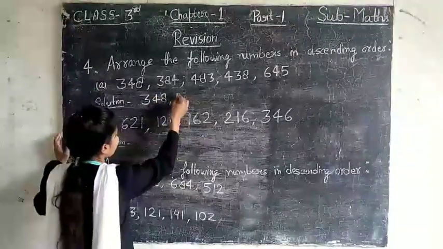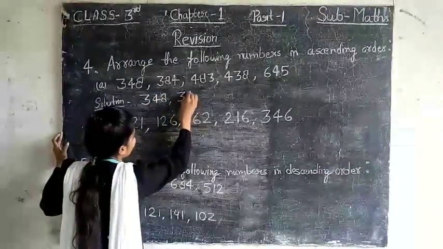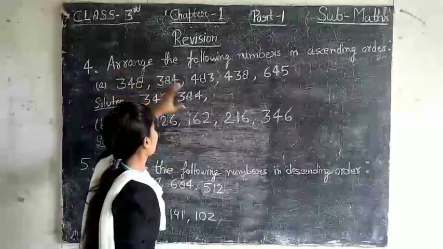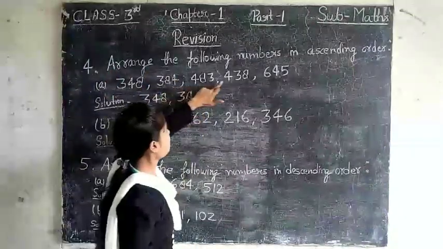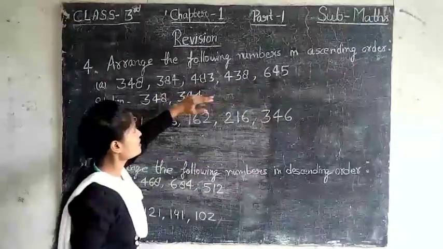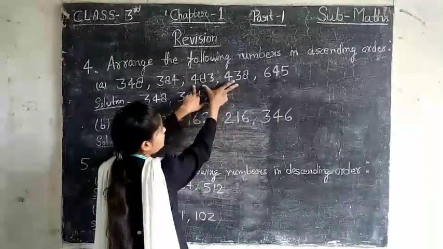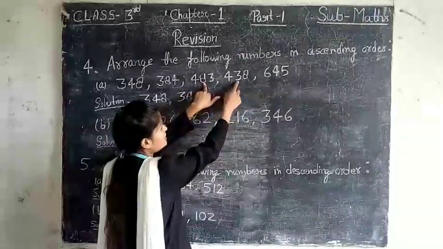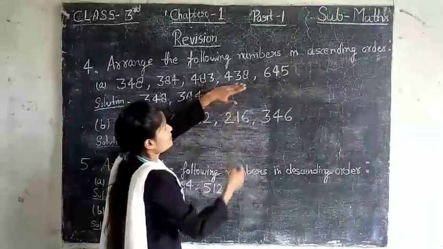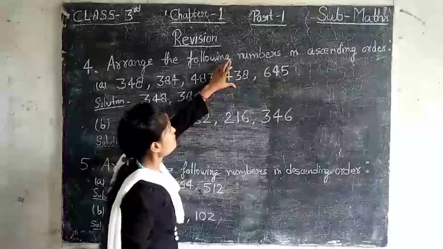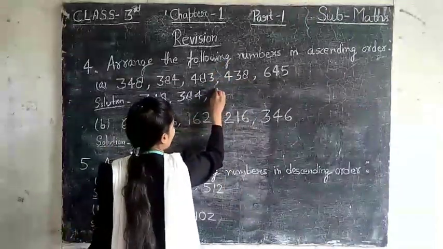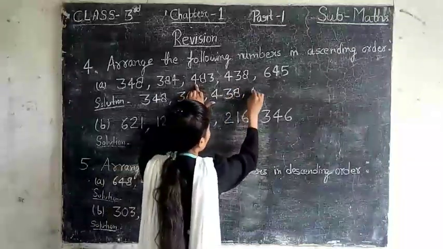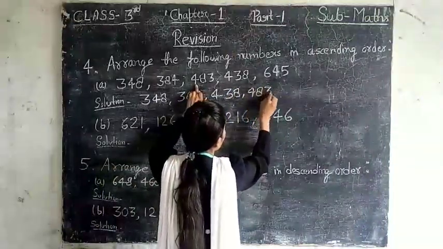Now the next number is 384. Next, among the numbers starting with 4, 4 and 6, we compare these three. Here 4 and 4 are the same. Now next compare the second digit, 8 and 3. Here 3 is less, so this number is written first, that is 438. Now next is 483.